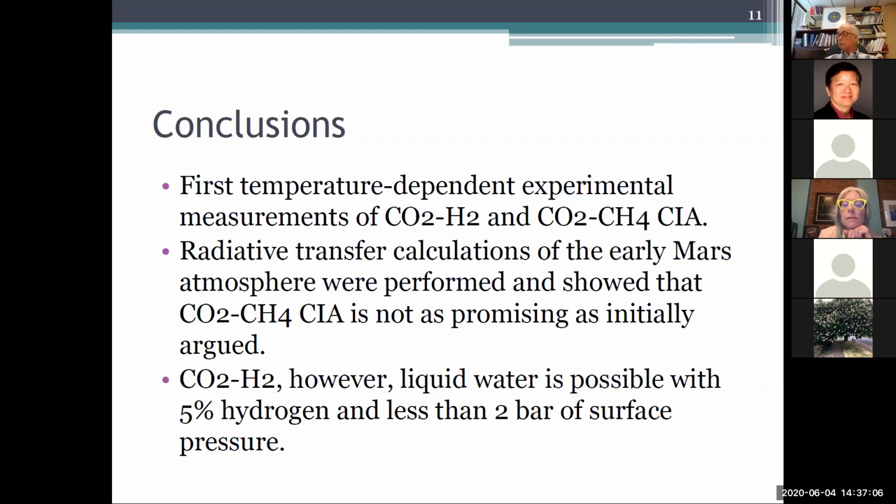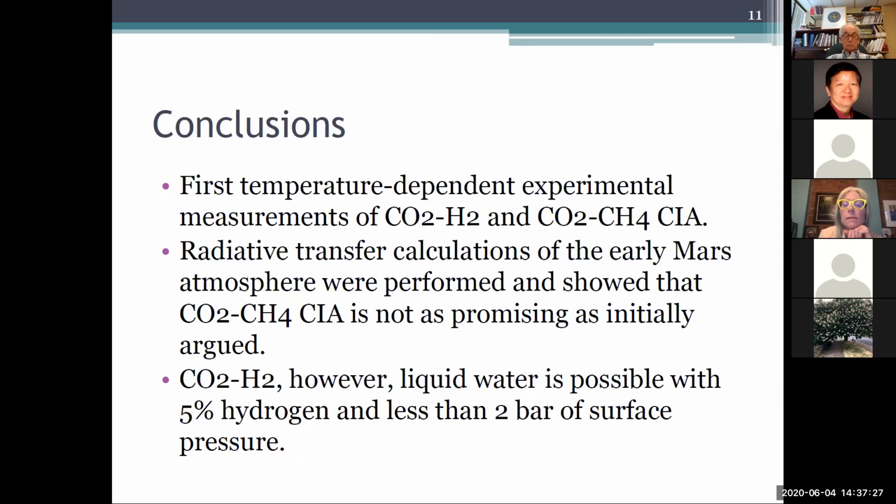When we're running these radiative transfer calculations now with the updated one, we find that hydrogen still works as a potential greenhouse gas. Methane, however, is not quite as promising. Although this isn't necessarily the end of the story, because hydrogen, unfortunately, is a very light molecule and happens to escape atmospheres quite readily, so it may not stick around long enough.